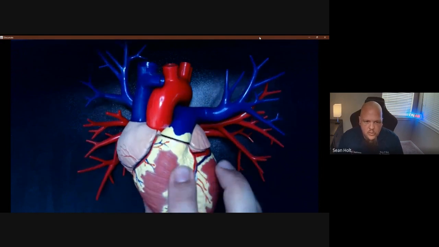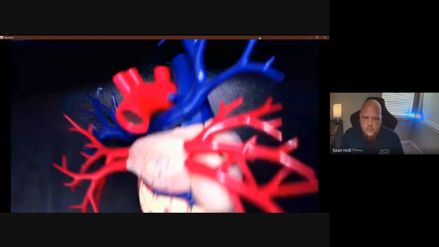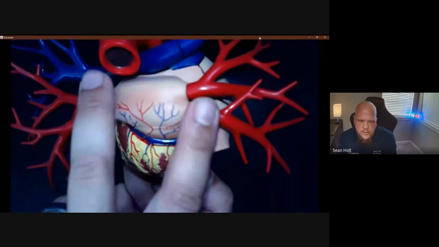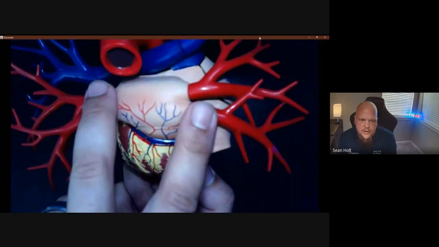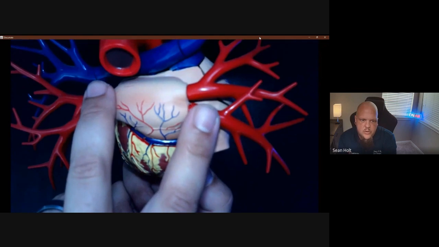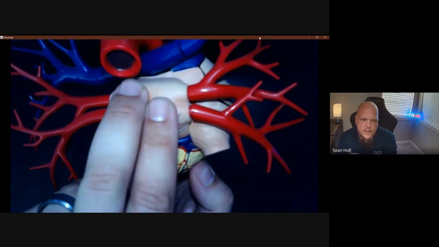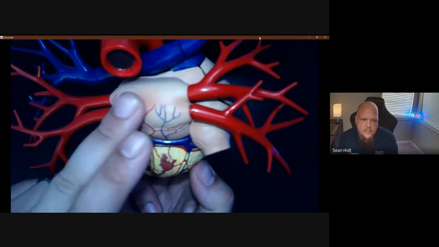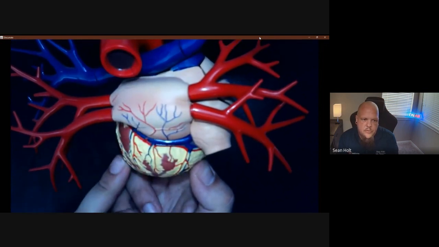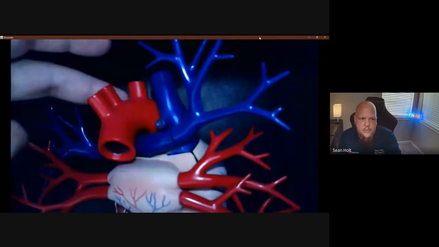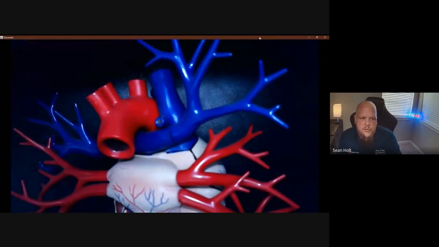So flipping it over, we're just going to take a quick look at the back. These red ones are carrying oxygenated blood, that's why they're red. This is the left atrium. The left atrium pumps down to the left ventricle, and that comes out of the aorta, which goes to the body.